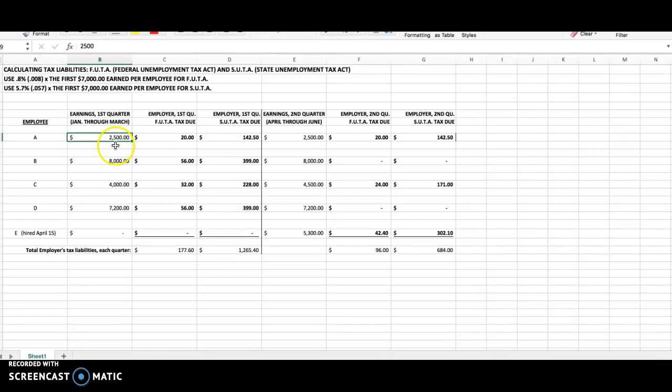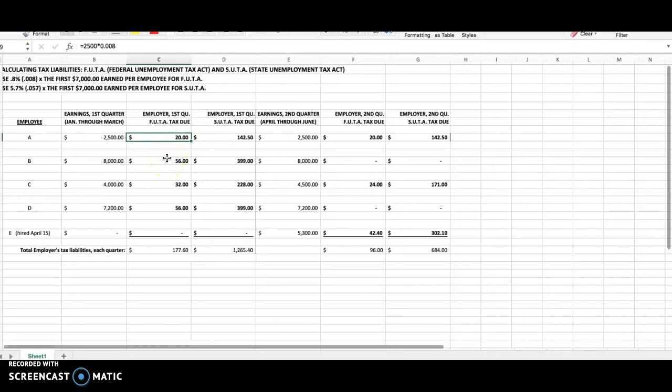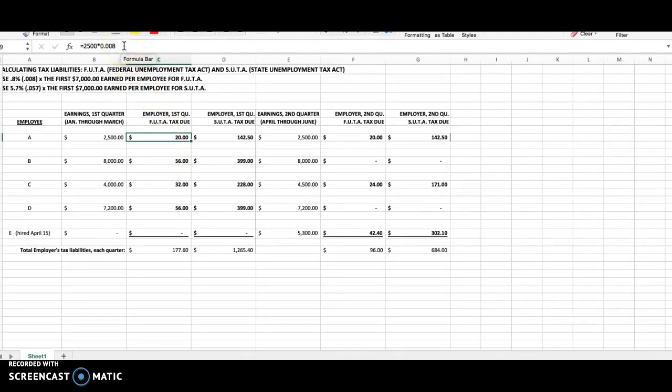You see employee A earned $2,500. This is the gross pay, not the net pay. So the gross pay for employee A is $2,500, and we pay the federal unemployment tax on the first $7,000. So for the first quarter, this will be the calculation that we do. If you look up here in the formula bar, this is how Excel handles this.